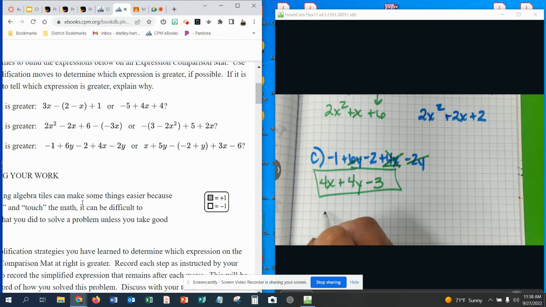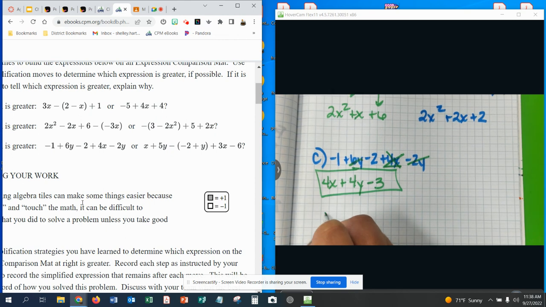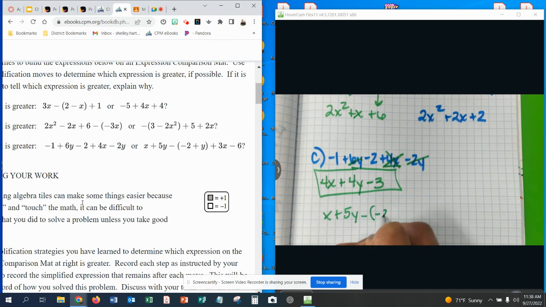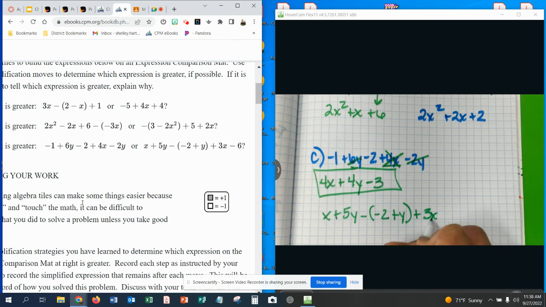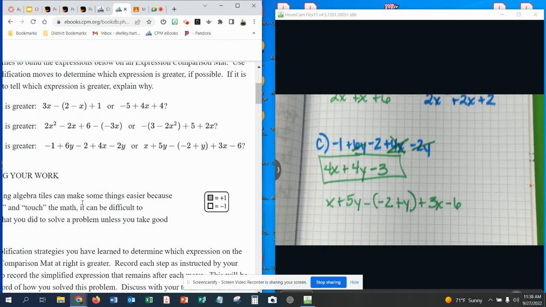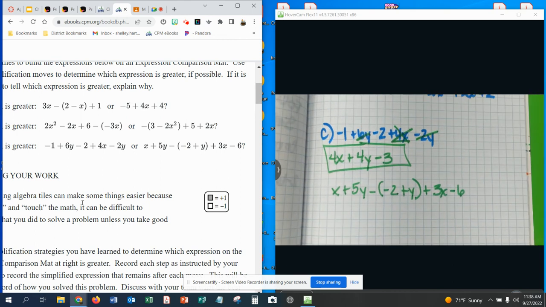Okay. Let's do the next one. We've got x plus 5y minus 2 plus y plus 3x minus 6. All right. What's the first thing we need to do here to simplify this? Martha, what am I going to do here?